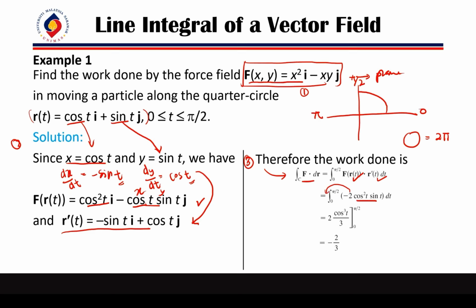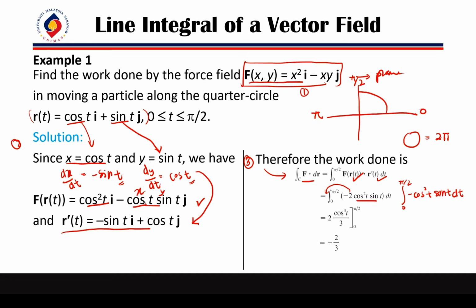So we have to integrate this, 0 to pi over 2, of cos square t sin t dt.